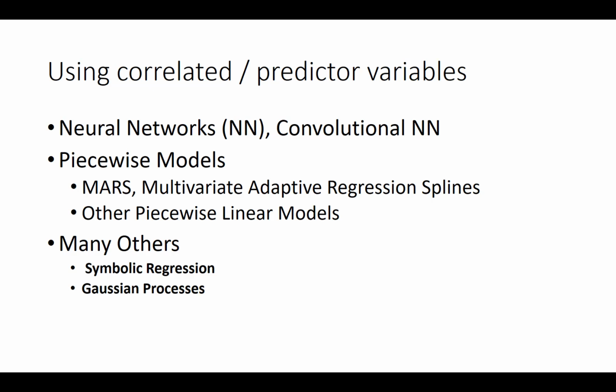And then I just mentioned one of the piecewise models, but a method that I like to use as part of my toolbox, one of my go-tos, is MARS, multivariate adaptive regression splines. I find those very powerful. I'm surprised they're not used more. And then there are other methods as well. There's lots that you can certainly research.